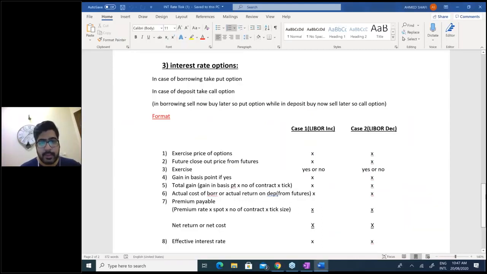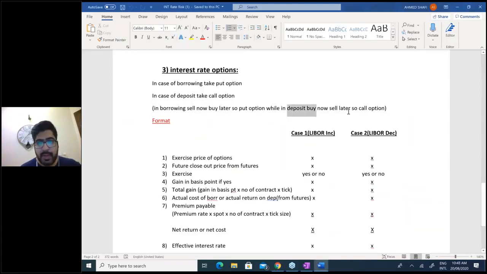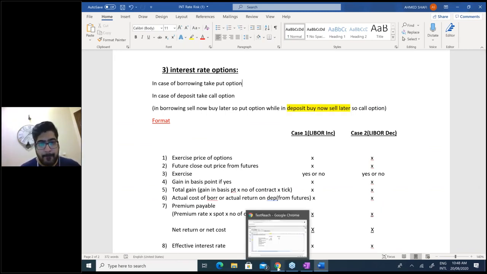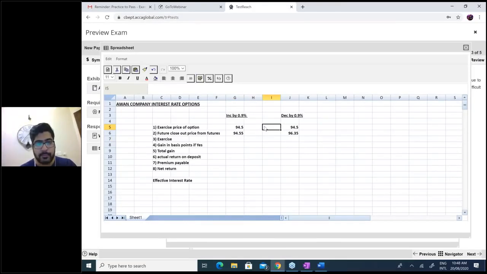What was the strategy? In deposit, the strategy was buy now, sell later. So apply the buy now, sell later approach where I've written B and S. Look at the first column. Buy now for 94.5 and sell later for 94.55.